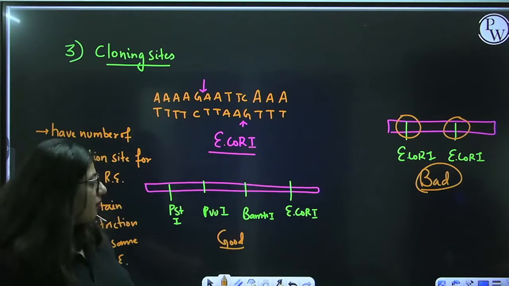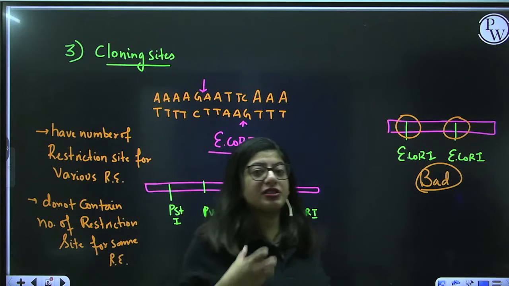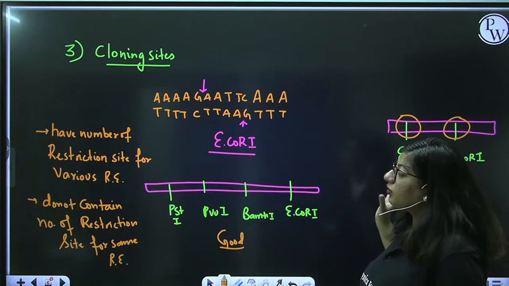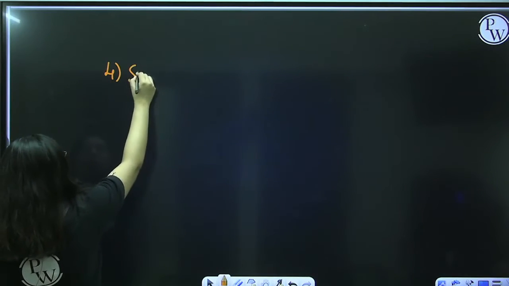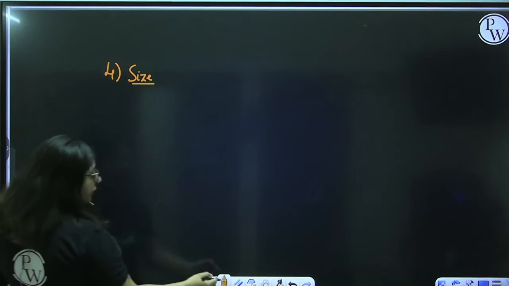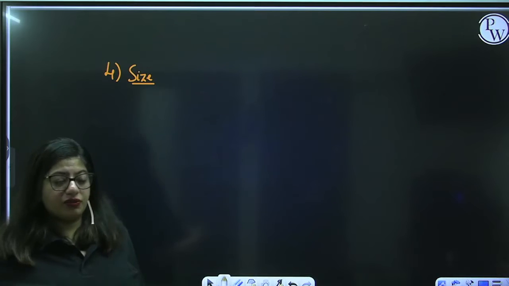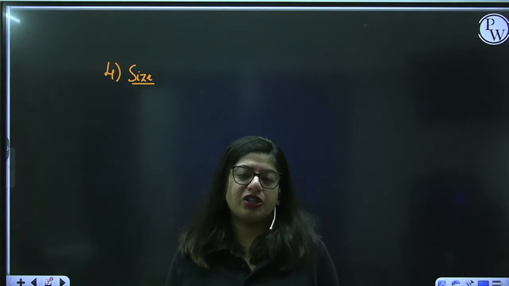But the other kind of case will be more helpful because now you have an opportunity to use various restriction enzymes, right? So that's about the three main features, and the fourth feature is size. The vector should have an appropriate size. If it is very large, then the chances of breakage and shearing are more.